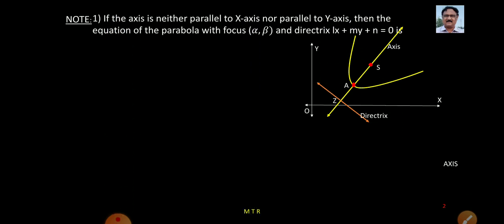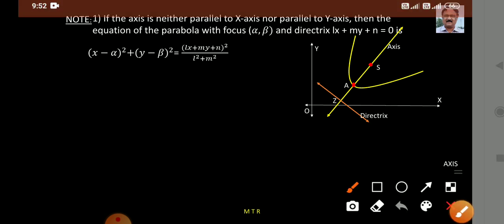In this case, the equation of the parabola with focus (alpha, beta) and directrix Lx plus My plus n is equal to 0 is (x minus alpha) whole square plus (y minus beta) whole square is equal to (Lx plus My plus n) whole square by (L square plus M square).